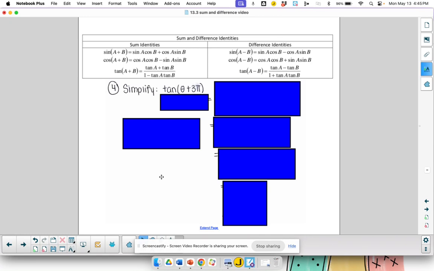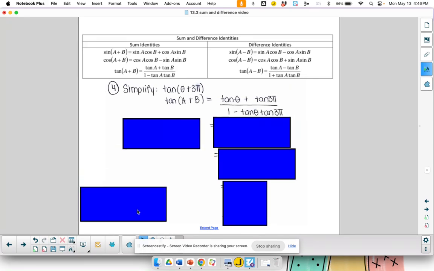Whenever you see two things being added or subtracted in that argument position, you're going to think sum and difference identities. So this is tangent of a plus b. So you're going to take that sum identity for tangent, and everywhere there's an a, you're going to replace it with a theta. Everywhere there's a b, you're going to replace it with a 3 pi.